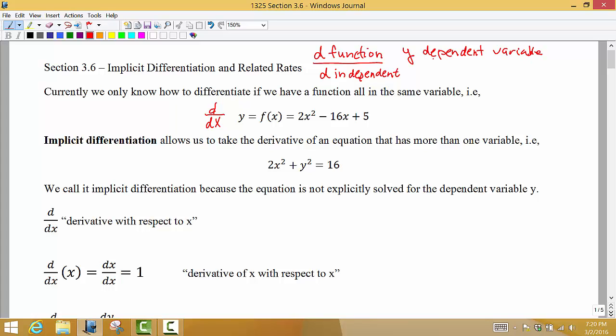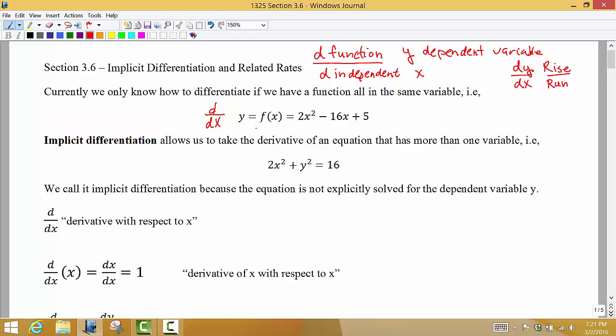This usually represents the output, and x represents the independent variable. So change in y over the change in x is how we think about this, which is another way of saying slope. Change in y is like the rise, and change in x is like the run. The slope of the tangent line is what we usually refer to as the derivative.